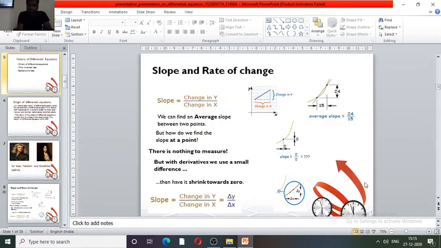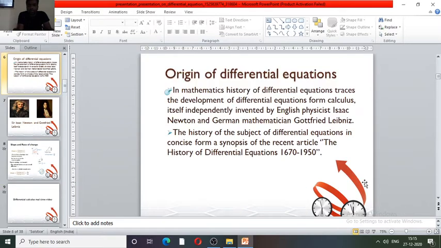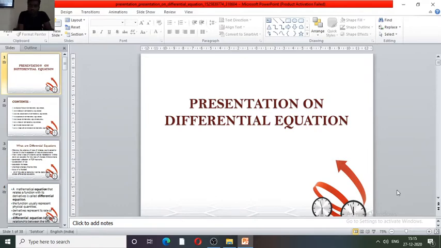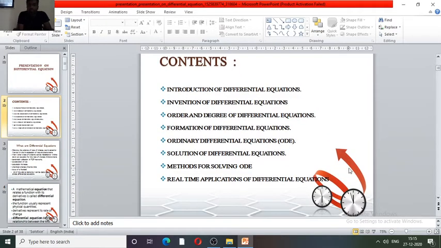First of all, differential equation is one of the most important topics in the entire mathematics subject, since it is the basic part of a calculus course. In my lecture, I will first discuss some introductory things about differential equations.